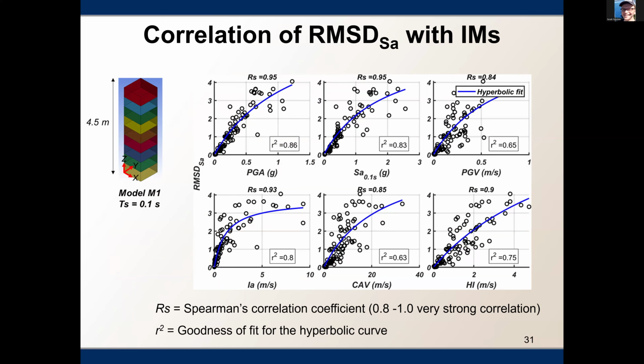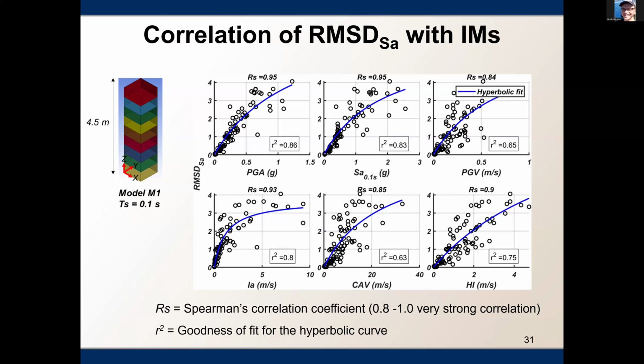So these are the correlation results of the root mean square difference in spectral acceleration versus different intensity measures. This is for the model M1. On the y-axis, we can see the root mean square difference, and the x-axes are different intensity measures. Each of these points represents one earthquake motion, so there are 97 points for model M1 in each of these plots.